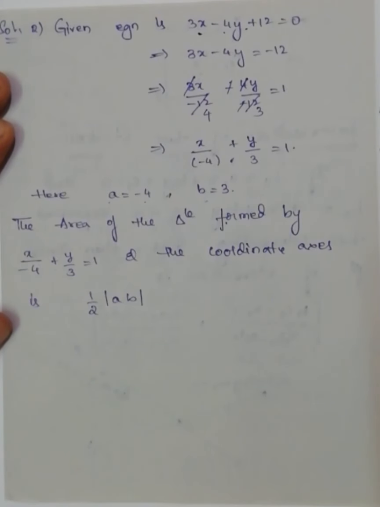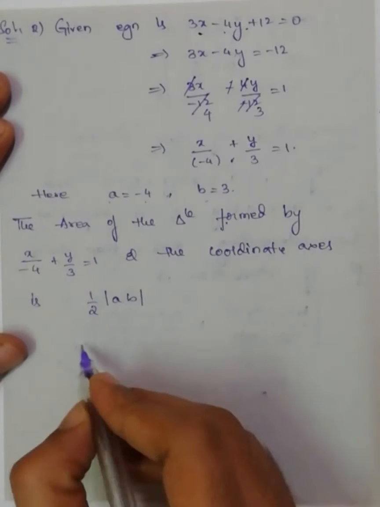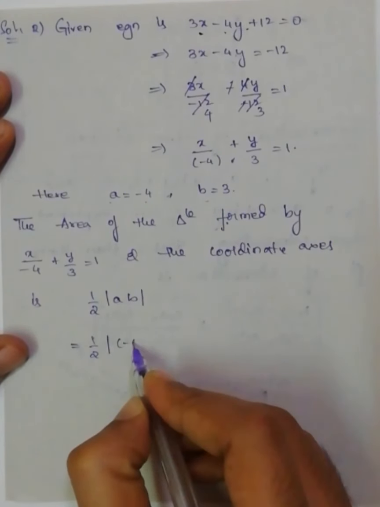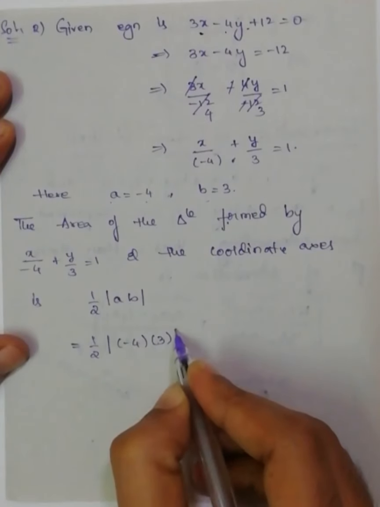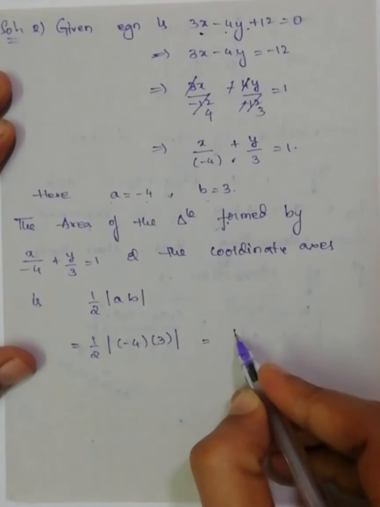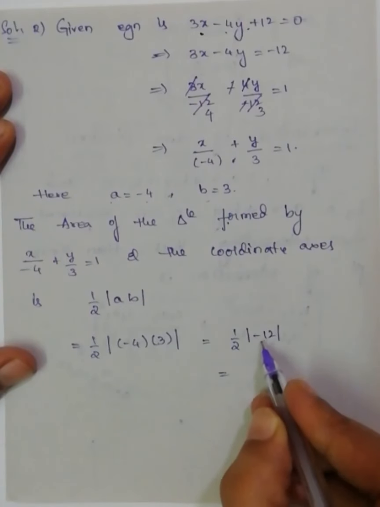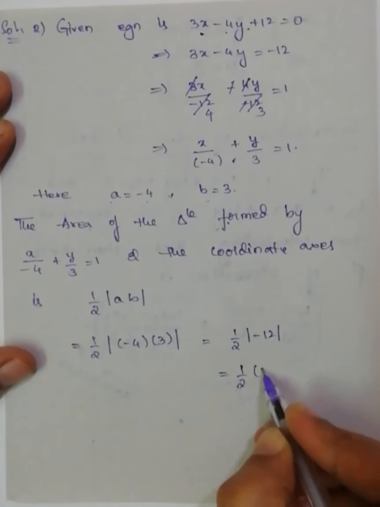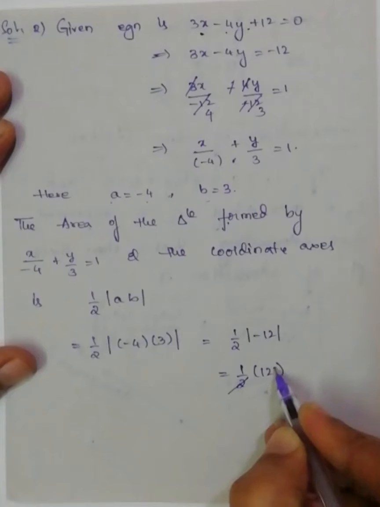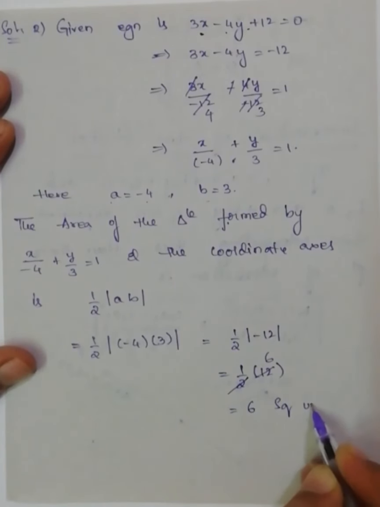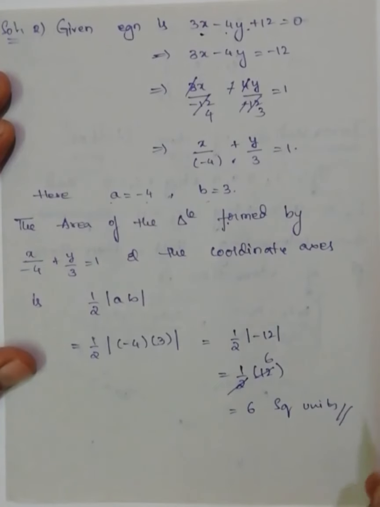Half modulus of a into b, which is equal to half modulus of a value is minus 4, b value is 3, which is equal to half modulus of minus 12. Modulus of minus 12 is 12. 2 1s are 2, 2 6s are 6 square units is the answer.